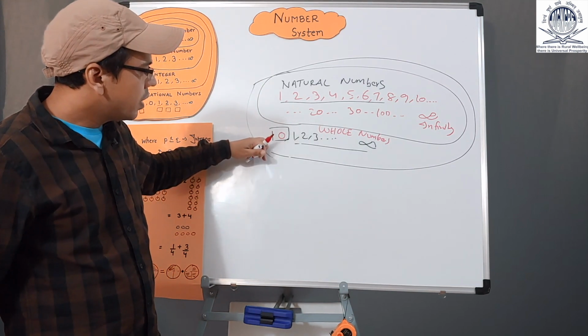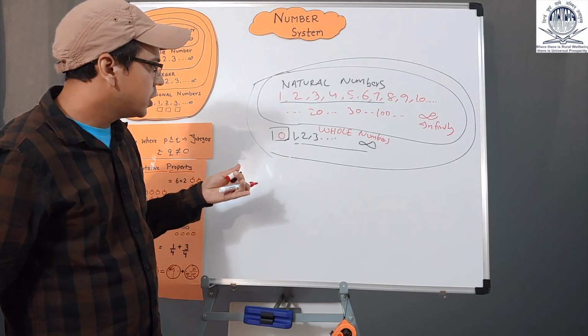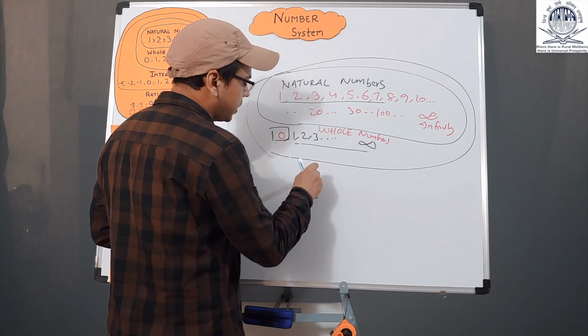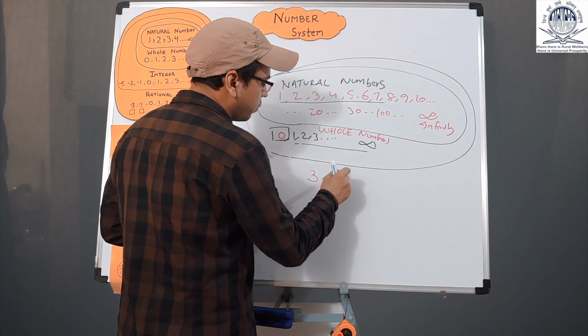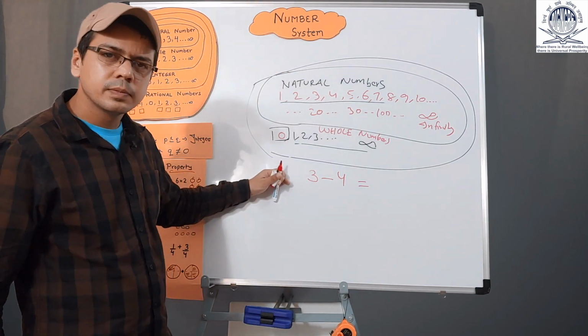Now what if I got a question like I want to take 3 things out of 4 things? Is it possible?